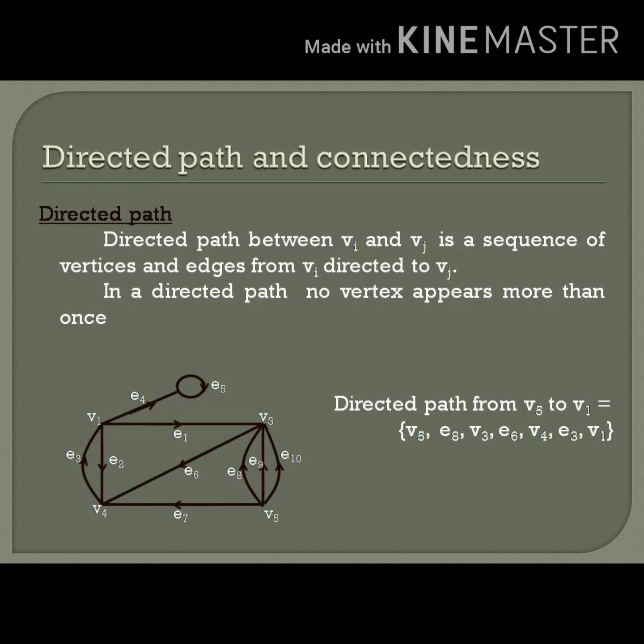See the example here, directed path from V5 to V1: V5 to V1, V1 to V3 through the edge E8, V3 to V4 through the edge E6, and V4 to V1 through the edge E3. So this is the directed path.